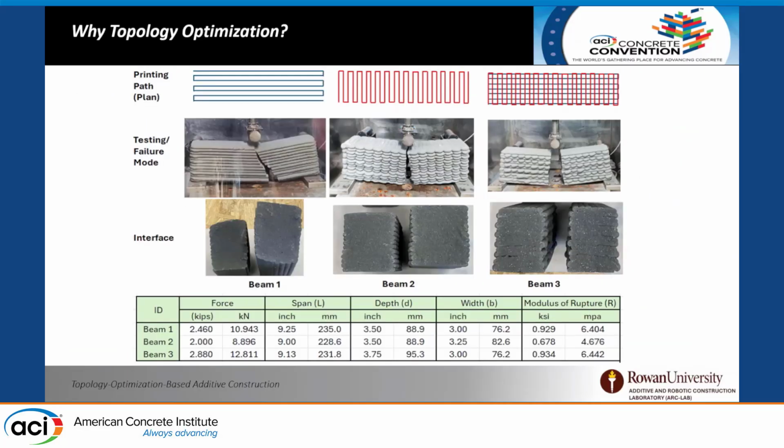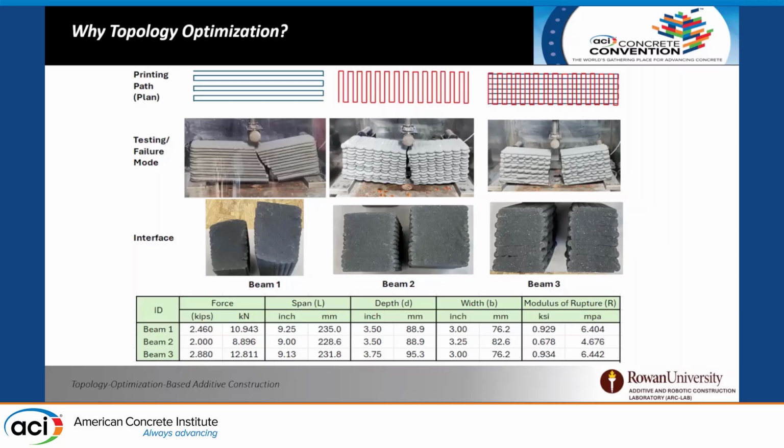So we've done a lot of work with the printing path of a specimen where we printed longitudinally, which is the first image, in the transverse direction to the loading, and then a combination of those two in which the direction alternated between each layer.